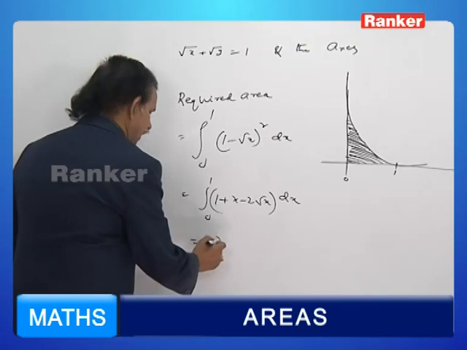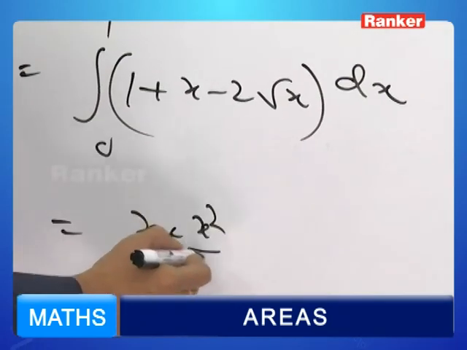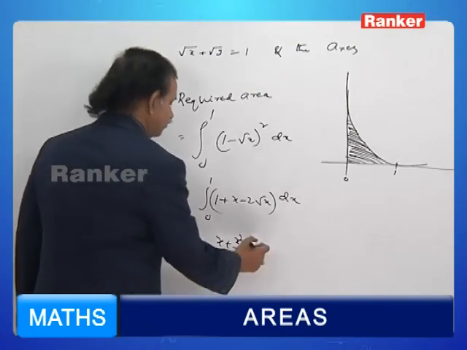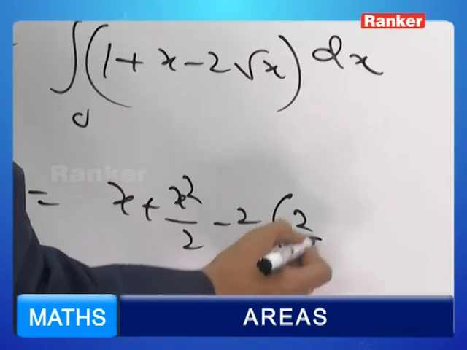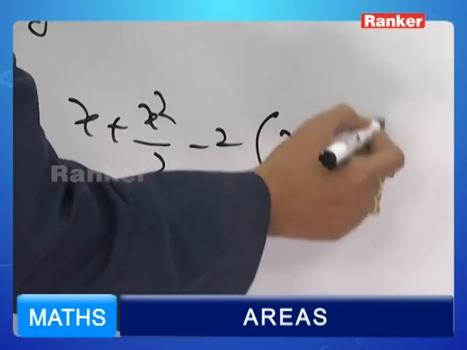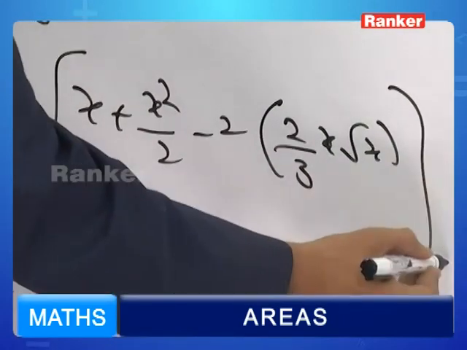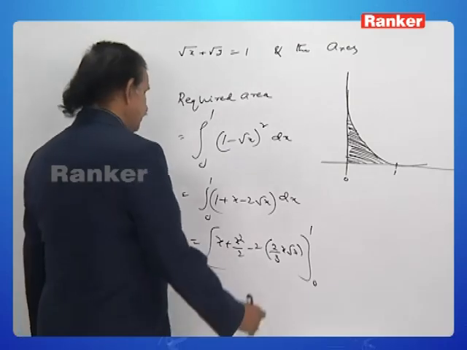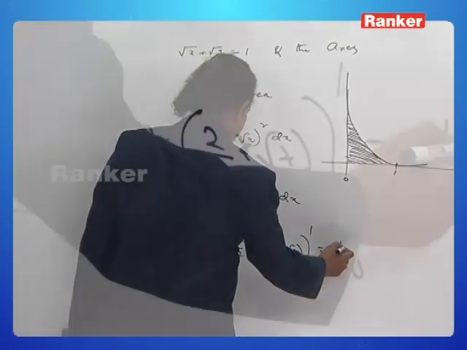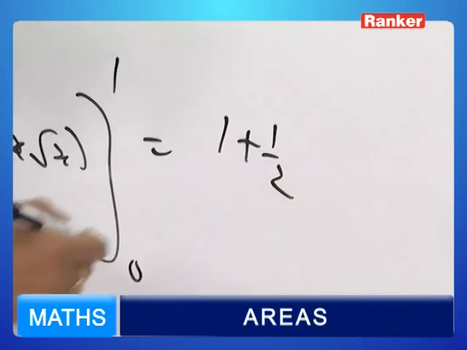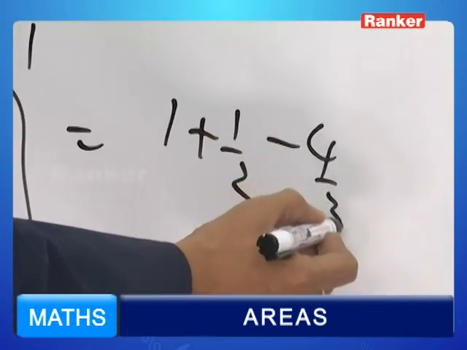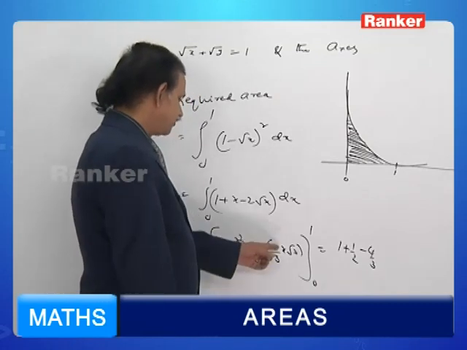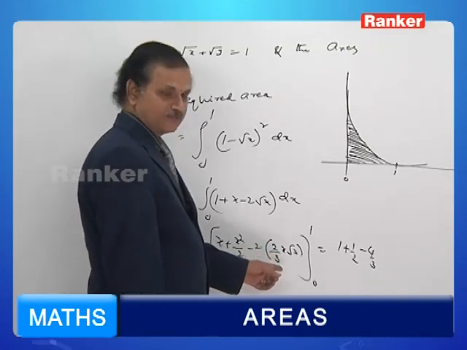Altogether, this is x plus x square by 2 minus 2 into, what is the integral of root x? 2 by 3 into x root x between the limits 0 and 1. Okay, then what is the answer? 1 plus 1 by 2 minus 4 by 3, isn't it? 2 into 2 by 3 is 4 by 3.